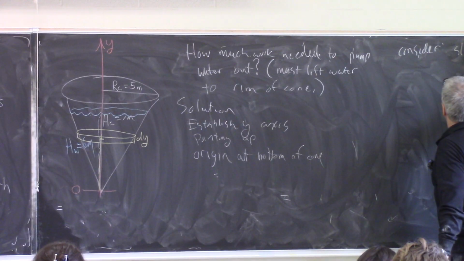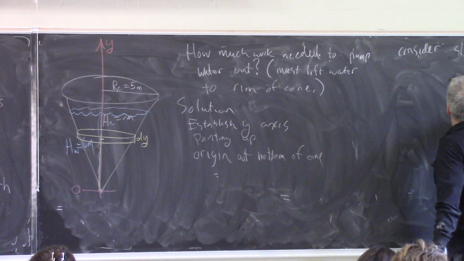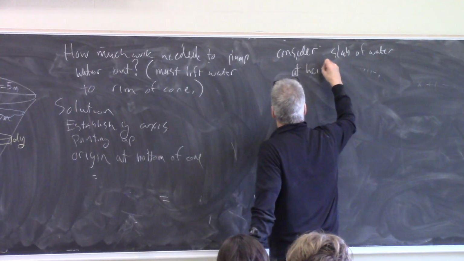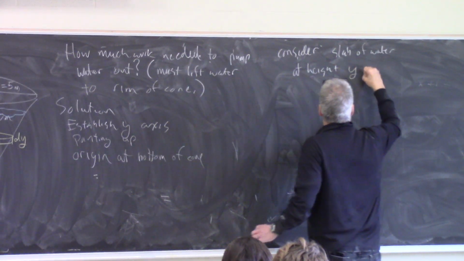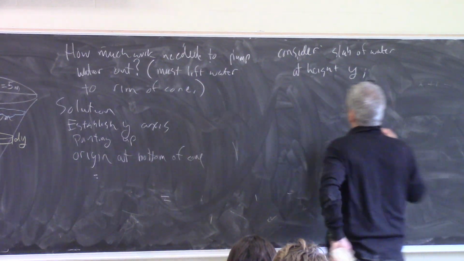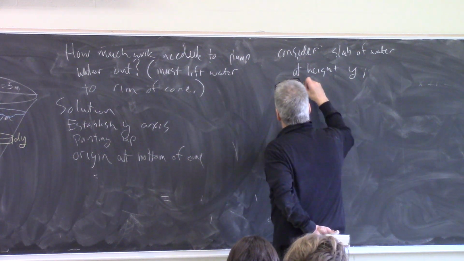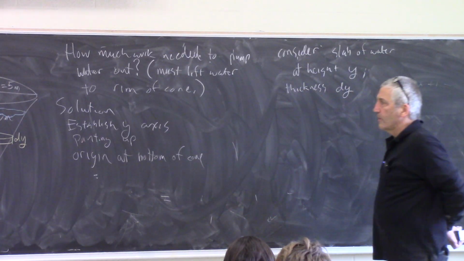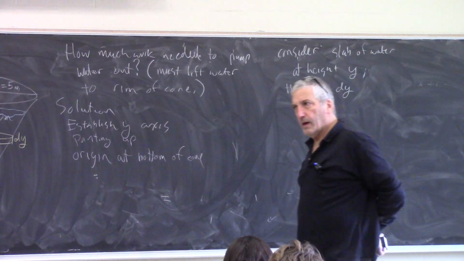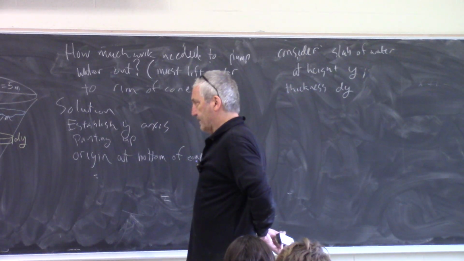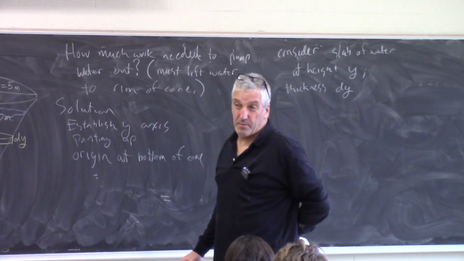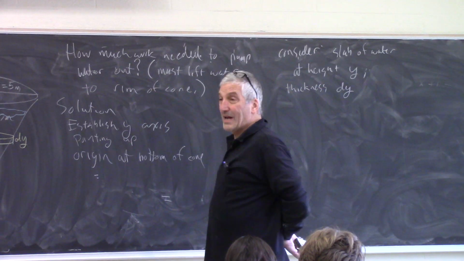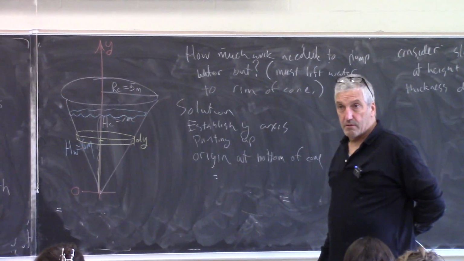So we want to find out how much mass is in that slab of water, and ultimately how much that slab of water weighs. But we're going to need to know the radius of that disk.